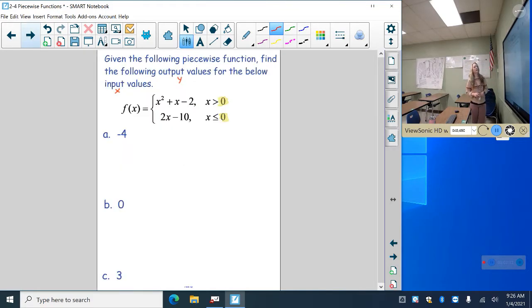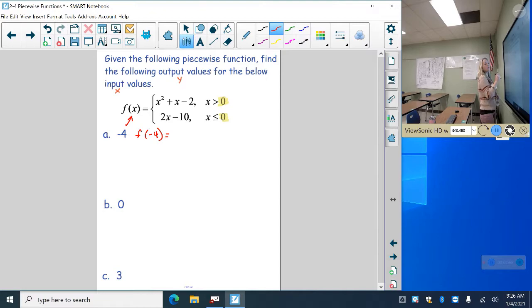Let's try another one. Given the following piecewise function, find the following output values for the below input values. We're going to use the top function for f of x for anything where x is greater than 0, and the bottom for anything where x is less than or equal to 0. So if I have negative 4 for x, I'm going to plug it in, so I have f of negative 4.